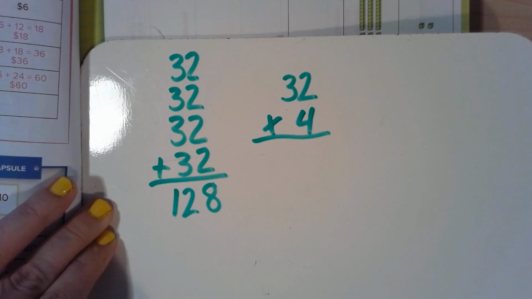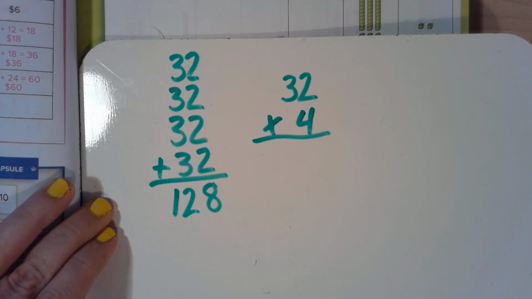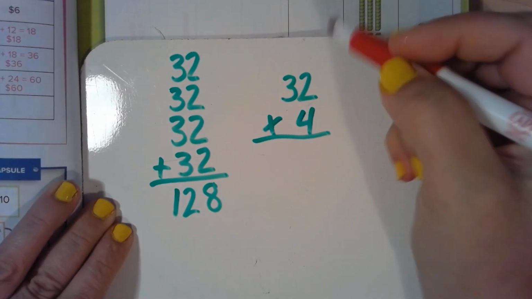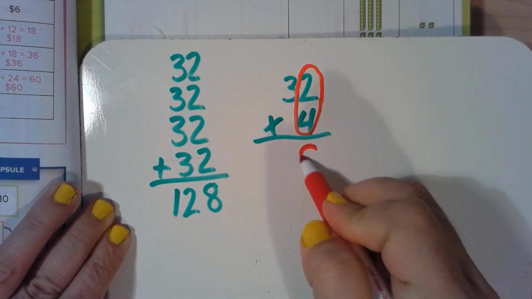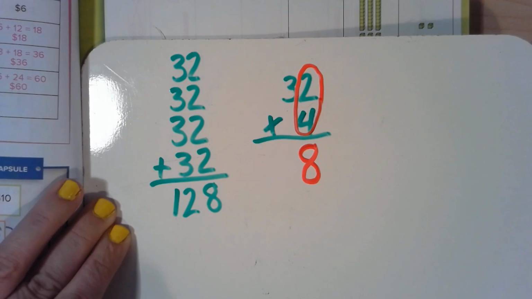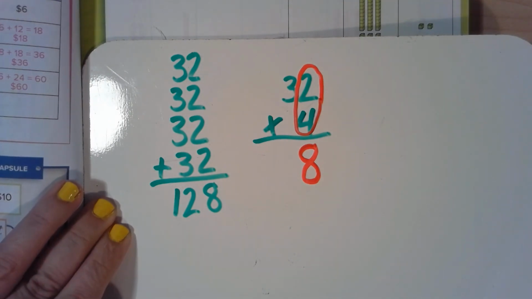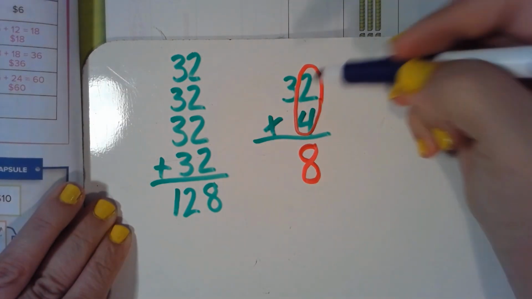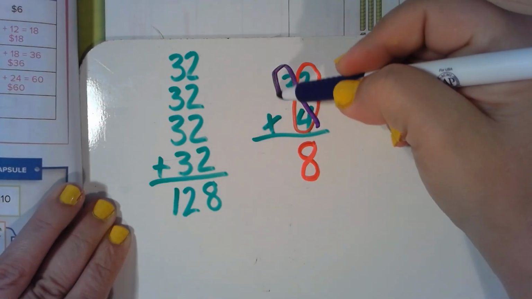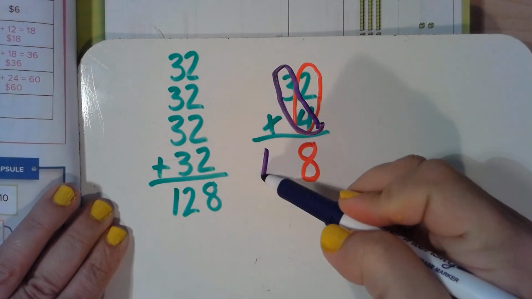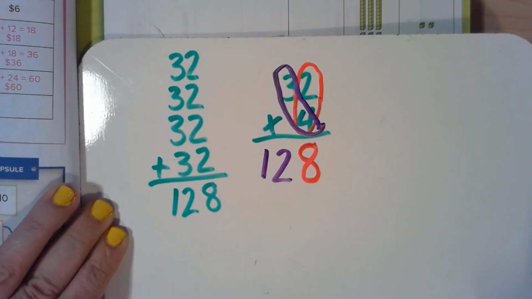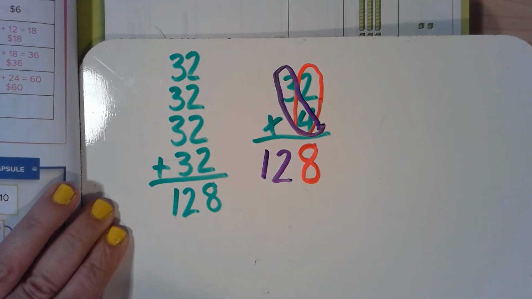You can multiply the ones column first. So 4 times 2, and that equals 8. And then you can multiply the tens column. 4 times 3 is 12. And you get 128.